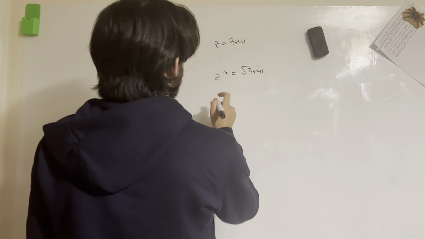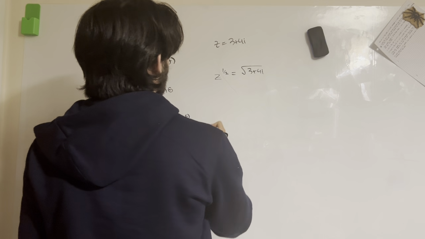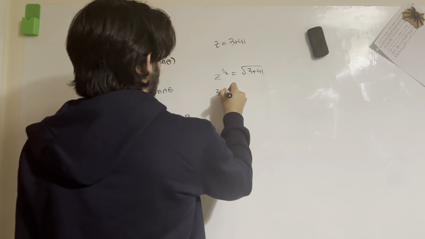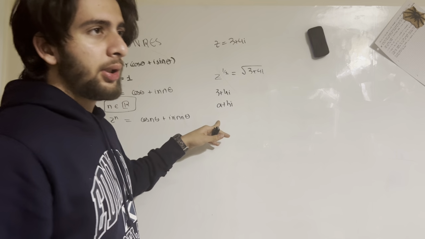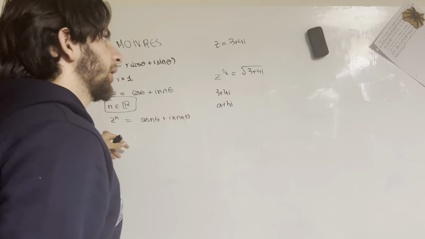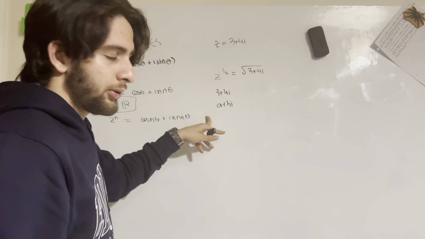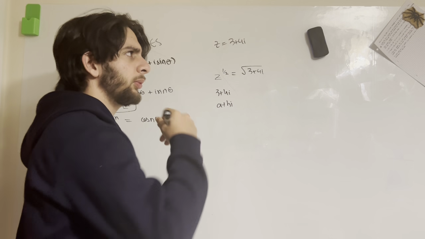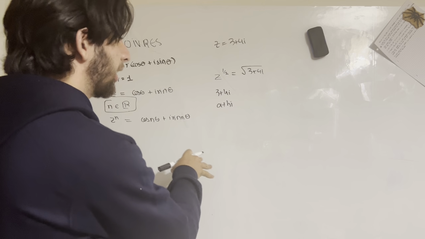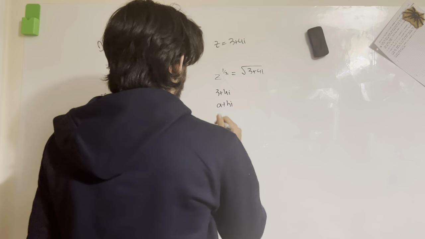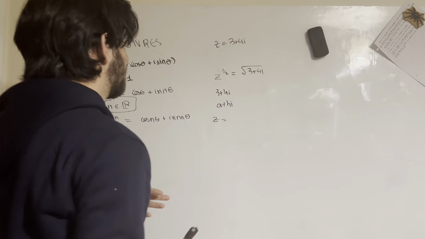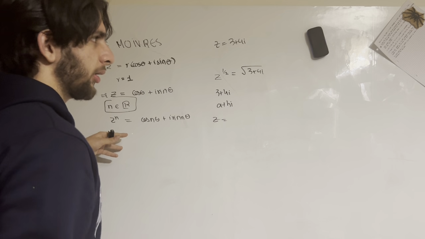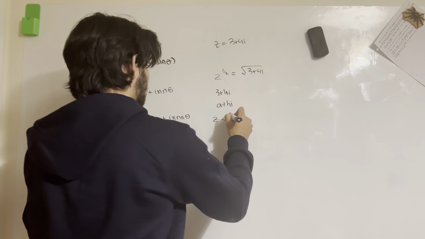For example, let's take z to the power of a half over here. Clearly, this is just 3 plus 4i in a plus bi form. But because we want to apply de Moivre's theorem, this form isn't useful to us at all. What we want to do is put this in polar form. So z is clearly going to be, first of all, we're going to consider the modulus, which is going to be 5.